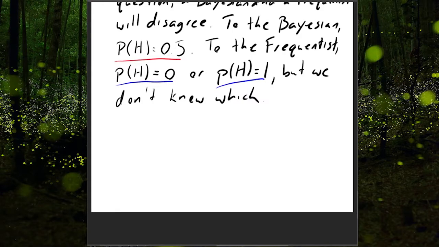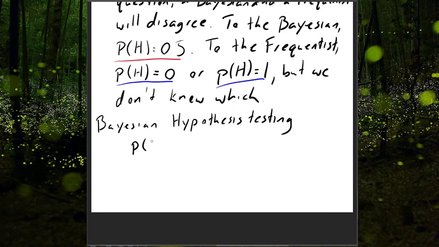So Bayesian hypothesis testing is going to consider two values: the probability of the null hypothesis given the data x versus the probability of the alternative hypothesis given the data x.